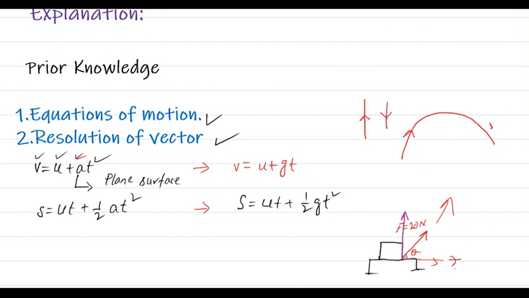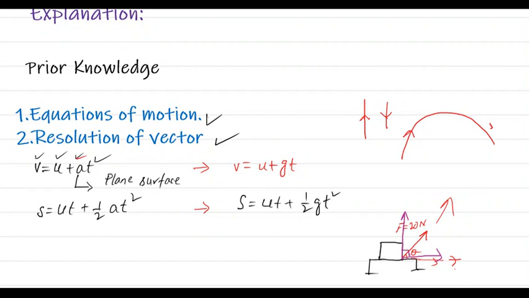So whenever any force acts on an object at an acute angle, this force vector is resolved, divided, distributed into two components, and these two components are always perpendicular to one another.